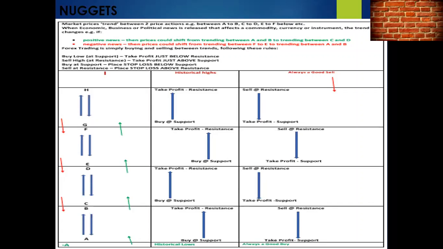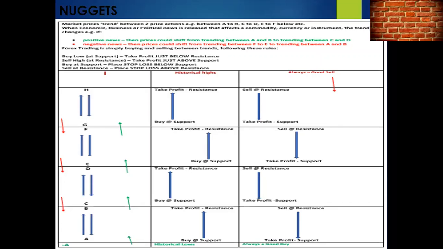That would be bullish news for the pound. So the value of the pound would rise, and we may break a resistance or two to start trading between another support and resistance above.